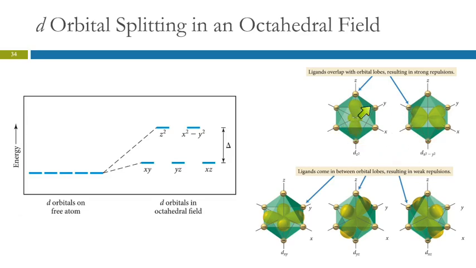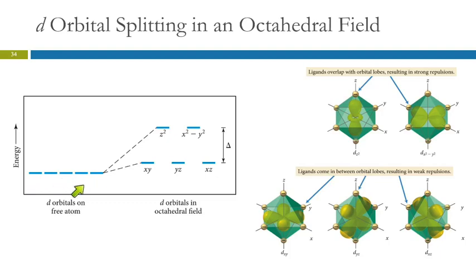So for these 2 d orbitals, the ligands match up with the lobes, and so there's repulsion there. For the other 3, the ligands fall between the lobes of those d orbitals, and so the repulsion here is weaker.